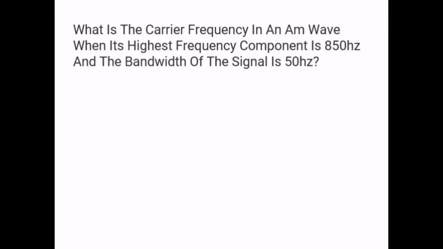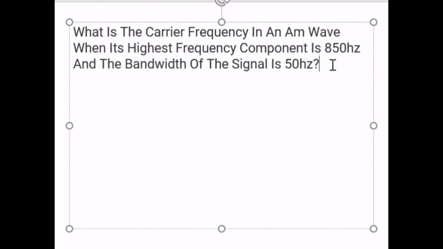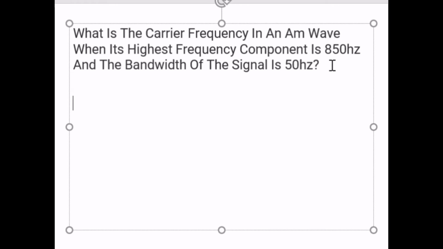Let's look at the second question. What is the carrier frequency in an AM wave when its highest frequency component is 850 Hz and the bandwidth of the signal is 50 Hz? So they give you the highest frequency, which is 850 Hz, and the bandwidth of 50 Hz. Let's write it up here.